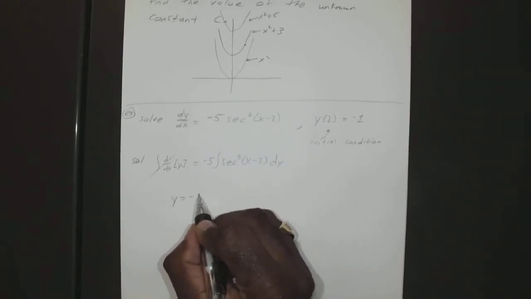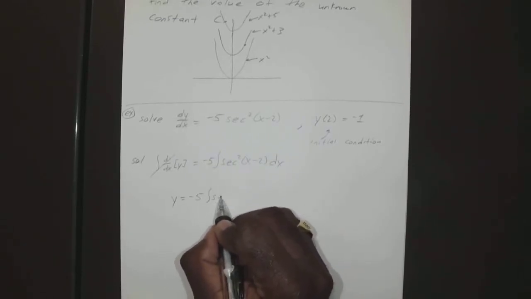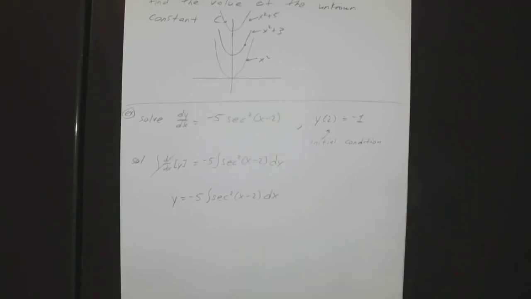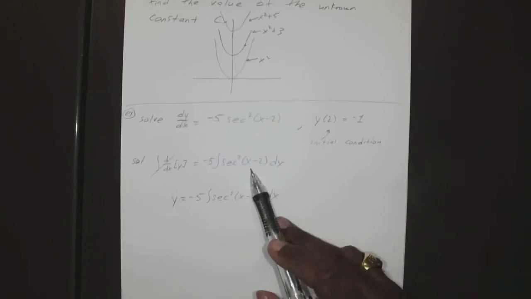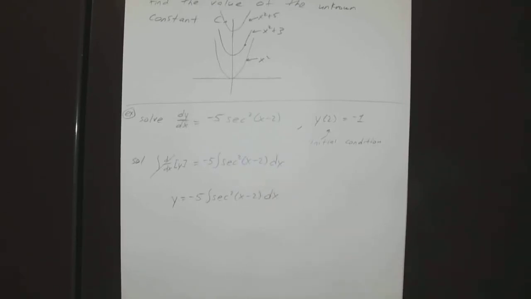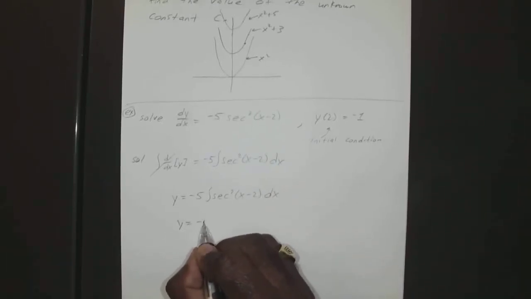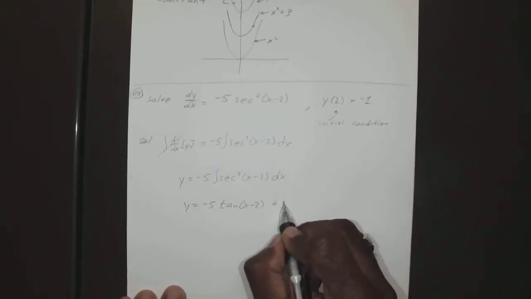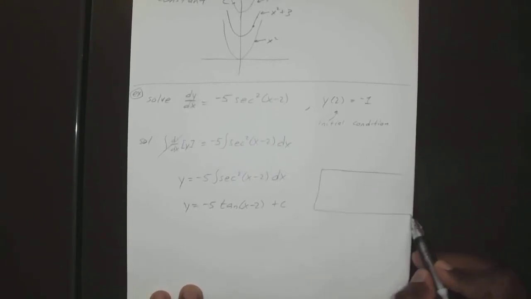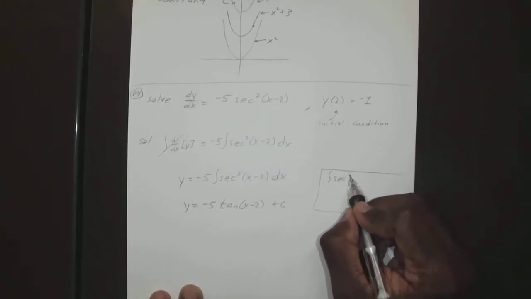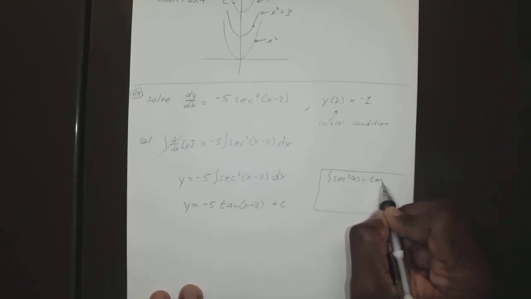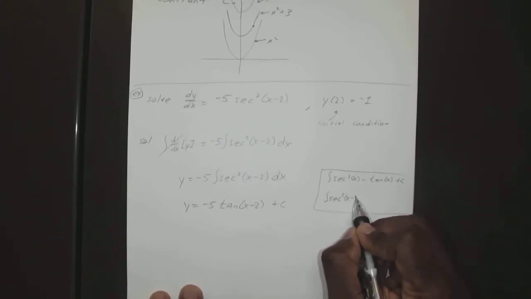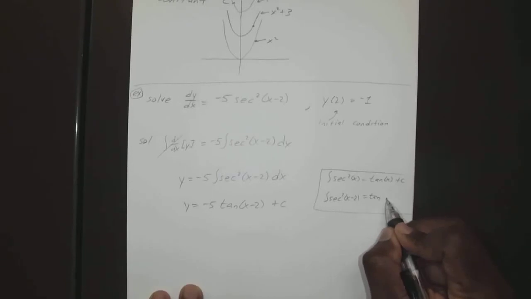So that gives you y is equal to -5 times the integral of secant squared of x minus 2 with respect to x. Now, because the derivative of what's inside here ends up being 1, we end up with y equals -5 times the tangent of x minus 2 plus c. Because the integral of secant squared of x is tangent of x. So the integral of secant squared of x minus 2 is just tangent of x minus 2.